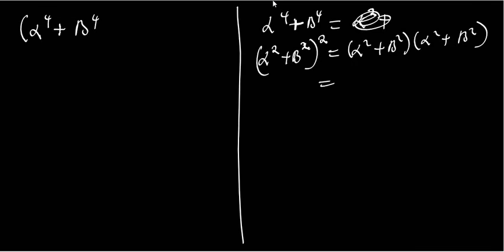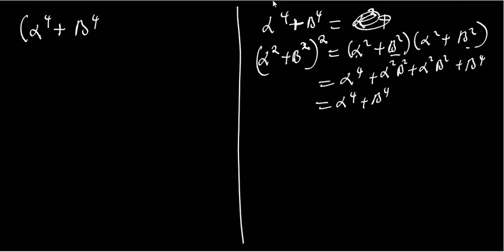So let's expand this. This term is alpha to the power 4, this term is alpha 2 beta 2, this term is plus alpha 2 beta 2, and this term is plus beta 4 here, right? Like that. So it will be alpha 4 plus beta 4.